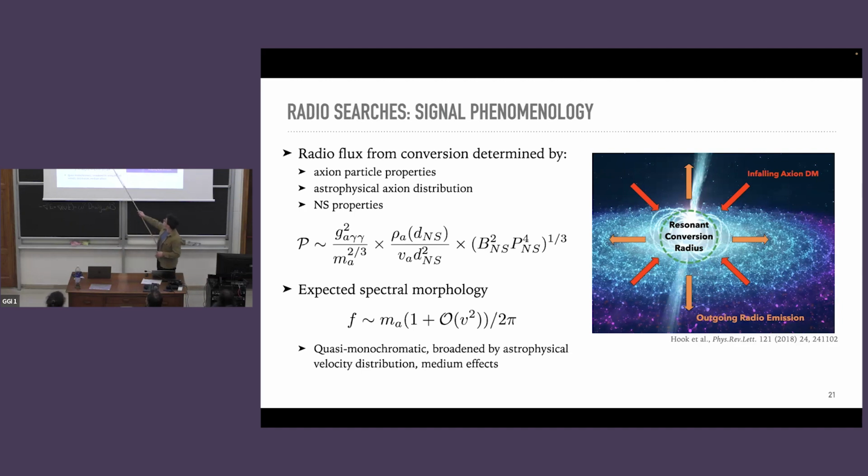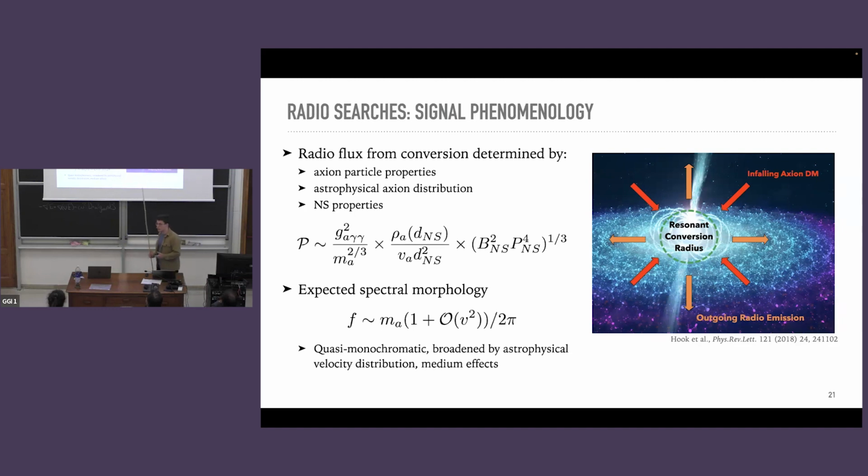And so maybe unsurprisingly, the power that we get out in radio is going to increase with increasing magnetic field strength, and maybe slightly less intuitively, with longer period neutron stars we also get a stronger signal. So that's just a statement about the total power that comes from this radio emission.